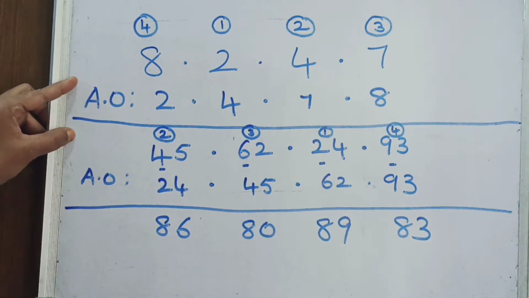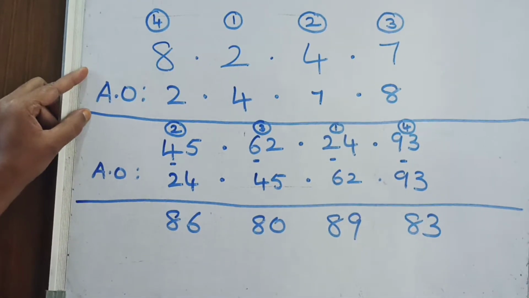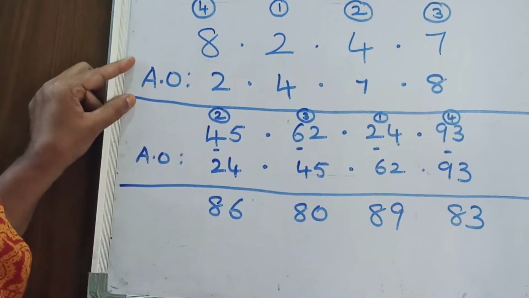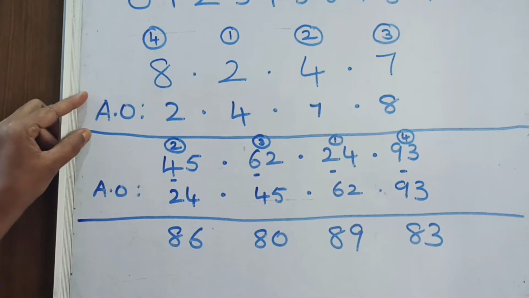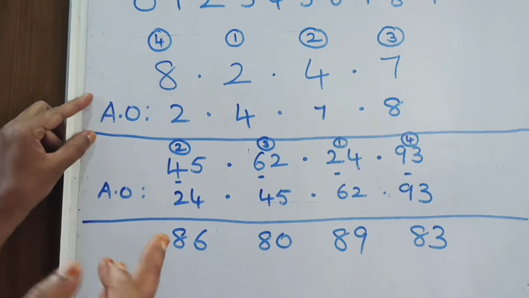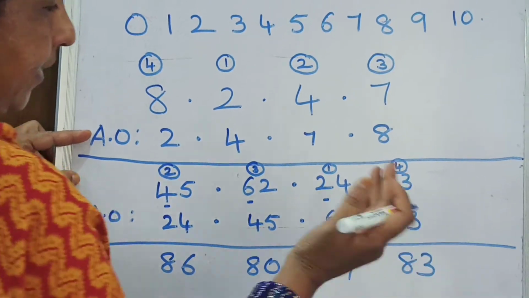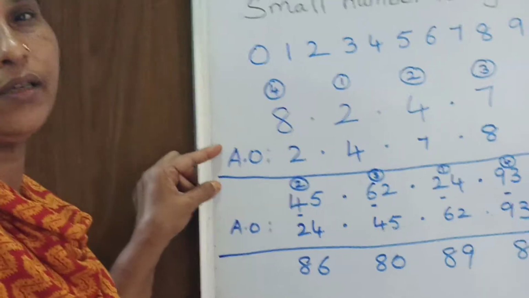In comparisons also, what I told you, when the first number is the same, you have to see the second number. In the same way, here also in ascending order, if the first number is the same, you have to see the second number. Is it clear? By seeing 86, 80, 89, 83, you can identify, oh, 80 is the smallest number.